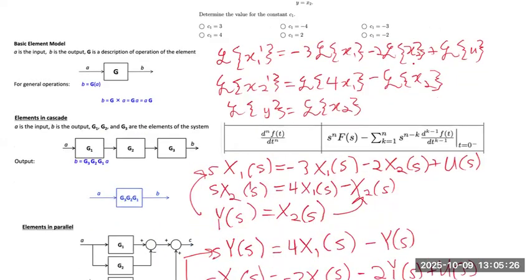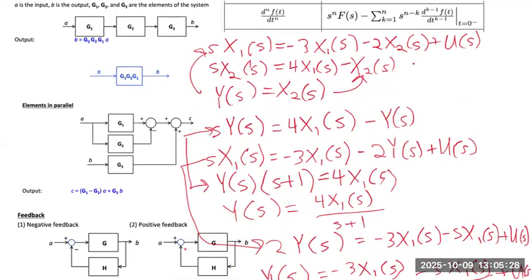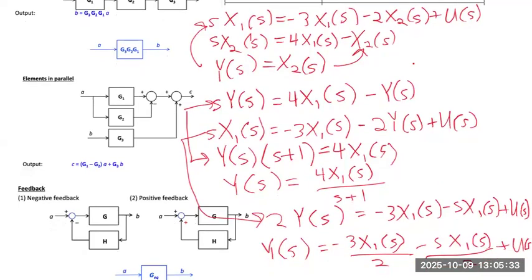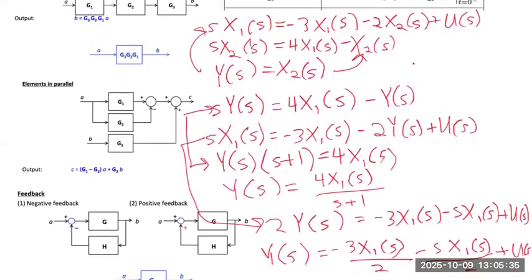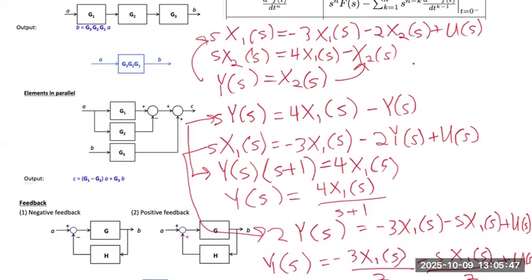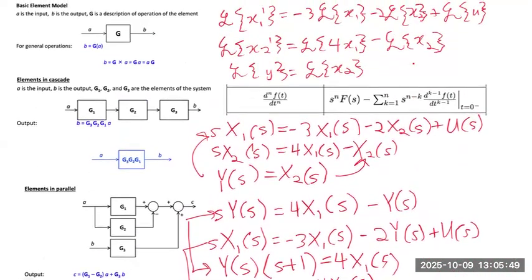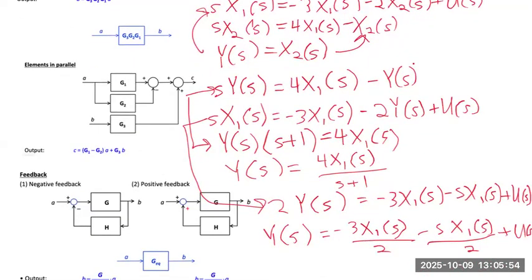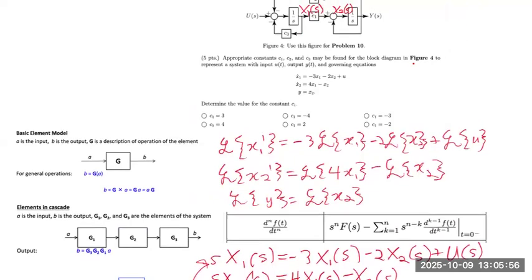We know this from the equation. Let me see, did I substitute it incorrectly? Yes, we got everything in terms of x1(s). So yes, x1(s) is equal to 4x1(s) over s plus 1.